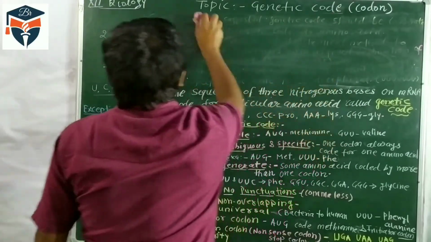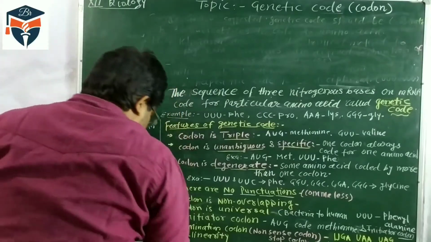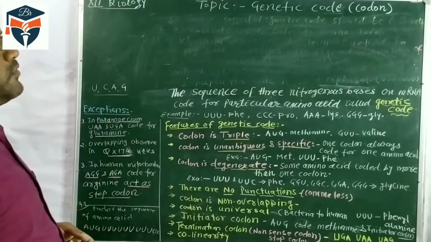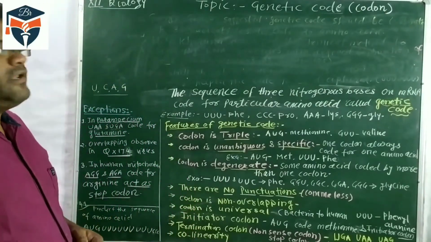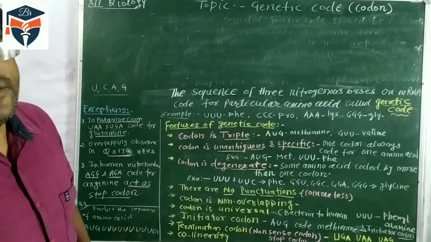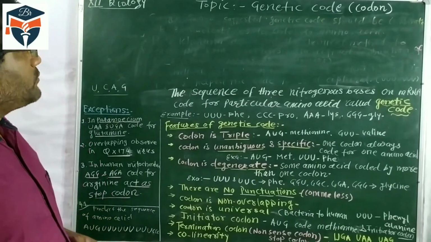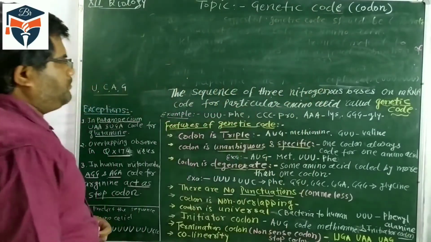Students, as I have said to you, different scientists said that the genetic codon helps in the synthesis of amino acid. Now we should understand what we mean by genetic code or genetic codon.